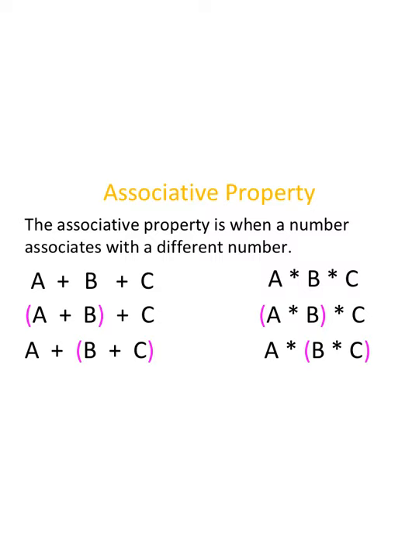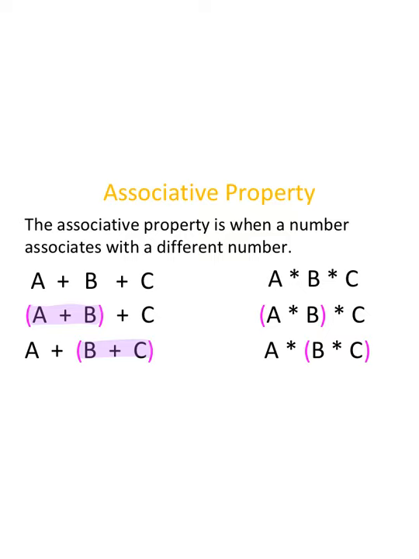The c is not associating with the a plus b. But then down below, now b and c are associating with each other inside the parentheses, and a is not associating with either b or c.